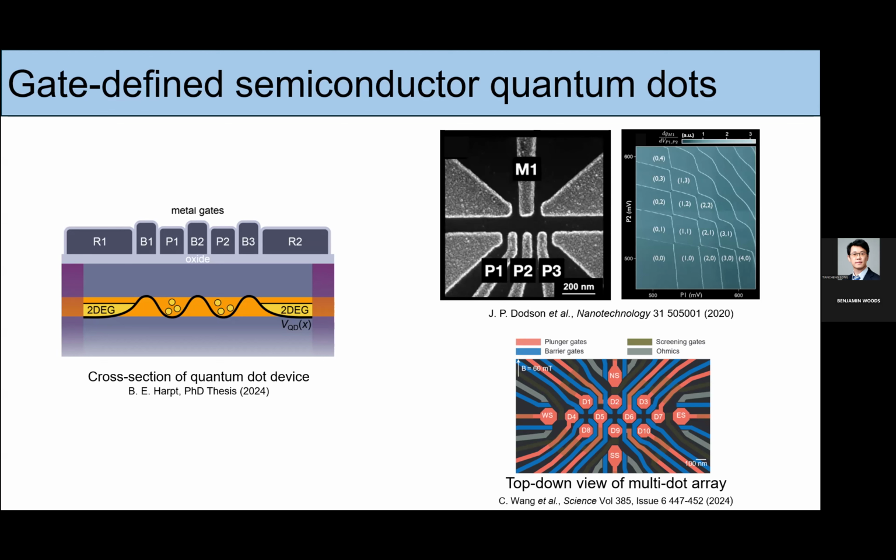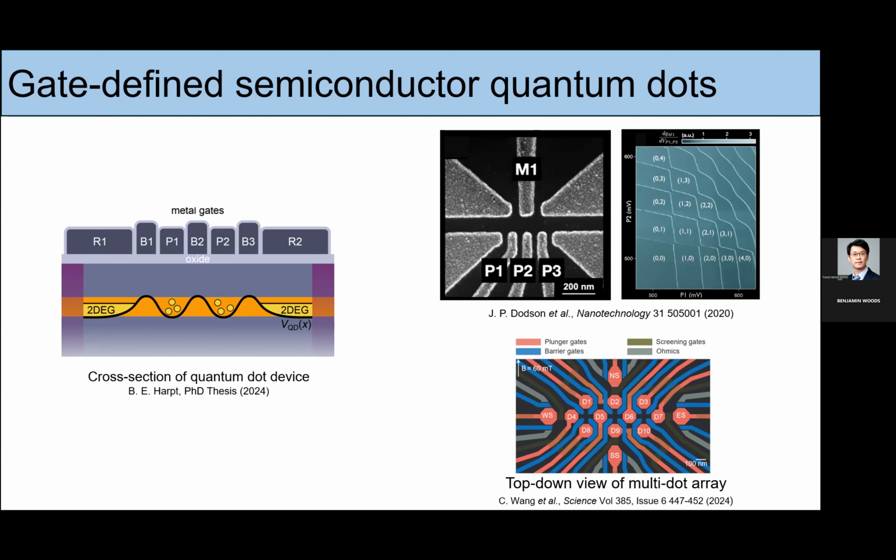Just to show that a little bit more clearly, I have a charge stability diagram plot in the top right here for this device that has 3 plunger gates. These P gates are called plunger gates, and these are the gates under which the quantum dots are defined and the electrons are going to live. Here we're going to just ignore the third one and just look at these 2 dots. This plot shows the charge occupation as a function of the plunger gate voltage of these 2 gates.